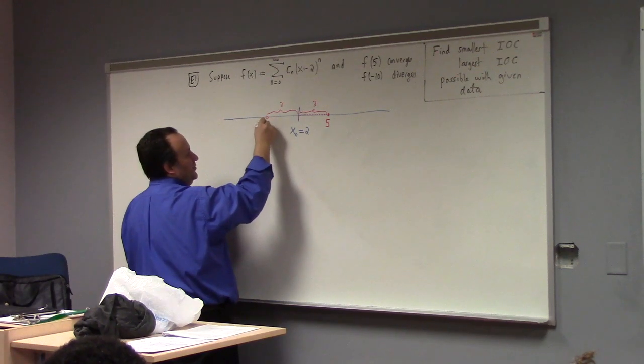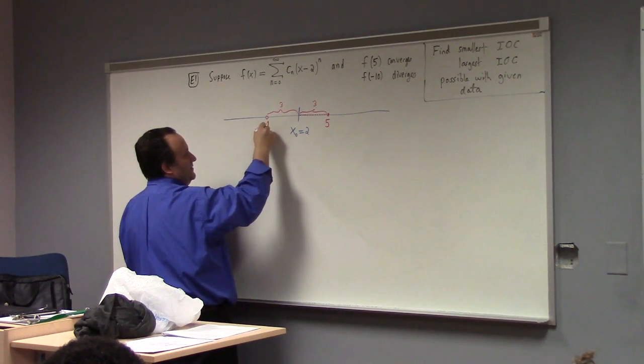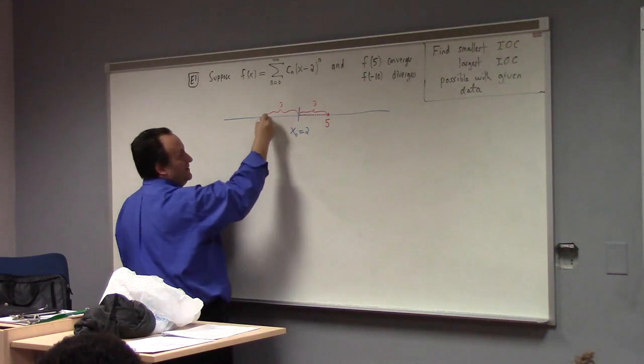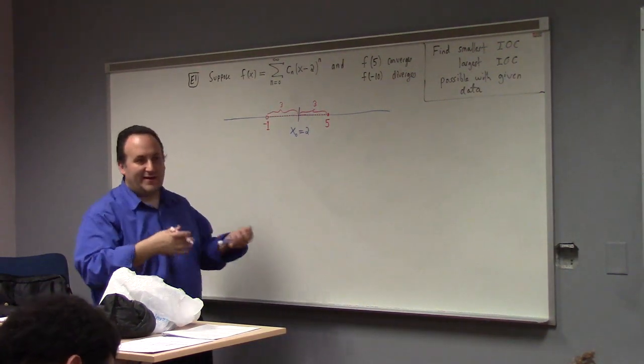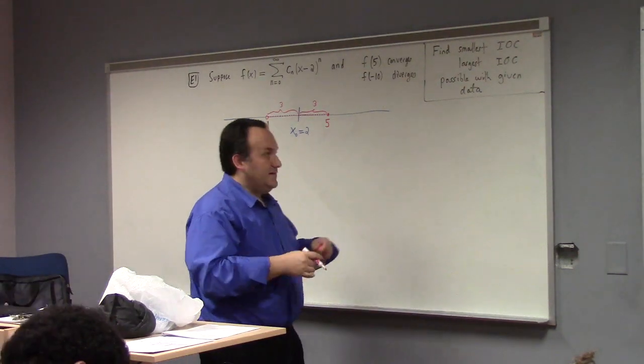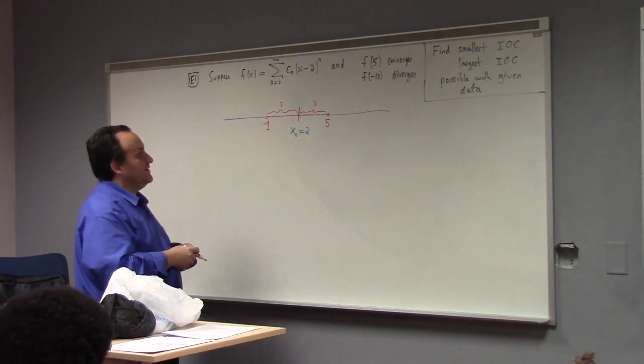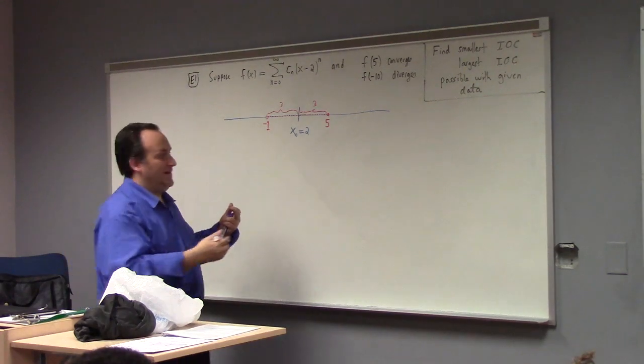-1, right? And I'm drawing an open circle there because what did we learn about the endpoints? They're not what? They're not guaranteed, right? The interval of convergence may or may not include endpoints. But if 5 is included, the radius of convergence is at least 3.